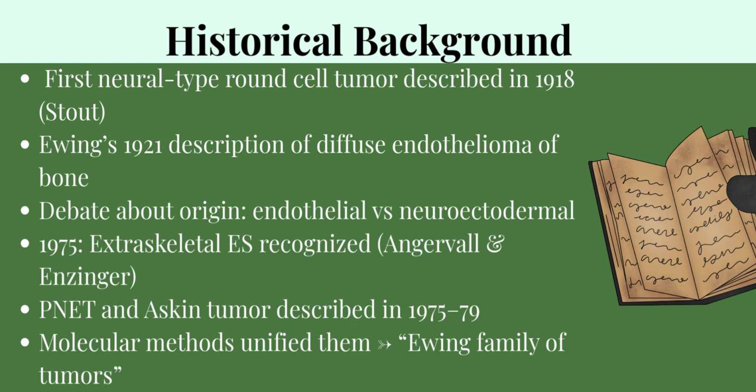Only in the 1970s did Angervall and Enzinger identify extraskeletal Ewing sarcoma, and around the same time, Askin tumor and peripheral neuroectodermal tumor were also described. With the advent of immunohistochemistry and cytogenetics, these tumors were shown to share the same molecular hallmark, and today all are considered part of the Ewing sarcoma spectrum.